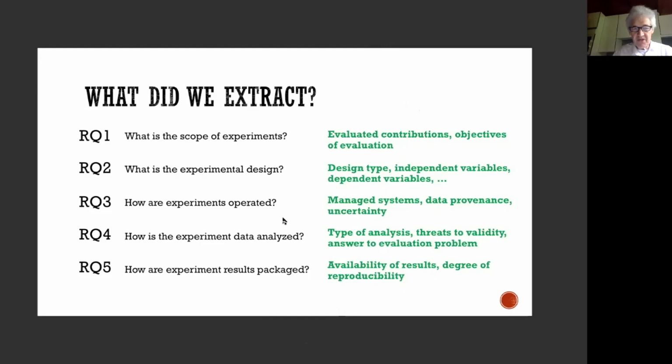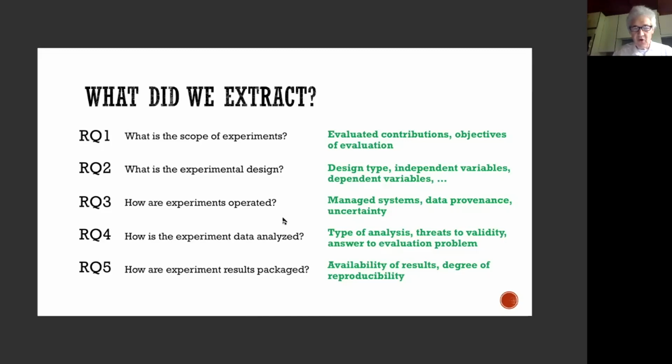For each of these research questions, we then define data items, and these data items allow us to collect the information we need to answer the research question. For scope, we looked at what the contributions of the papers are and what the objectives of the evaluation are. For the design, we looked at things such as the independent and dependent variables, among others.